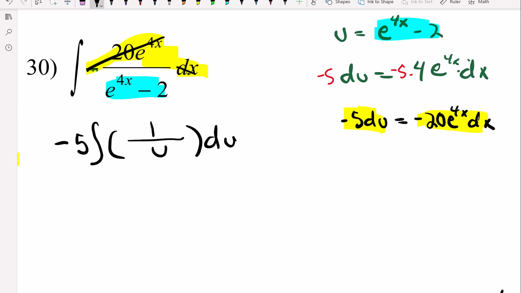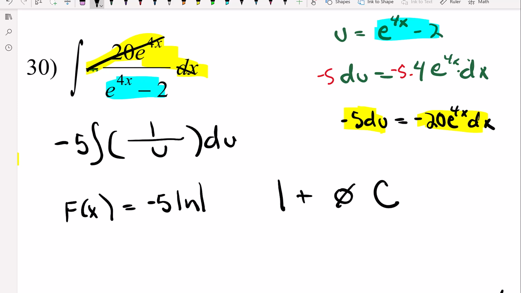And 1 over u, when we take the antiderivative, requires us to use the natural log. So negative 5 times the natural log of u plus 0, the antiderivative of 0 will be a constant. And then we go ahead and substitute back the u.